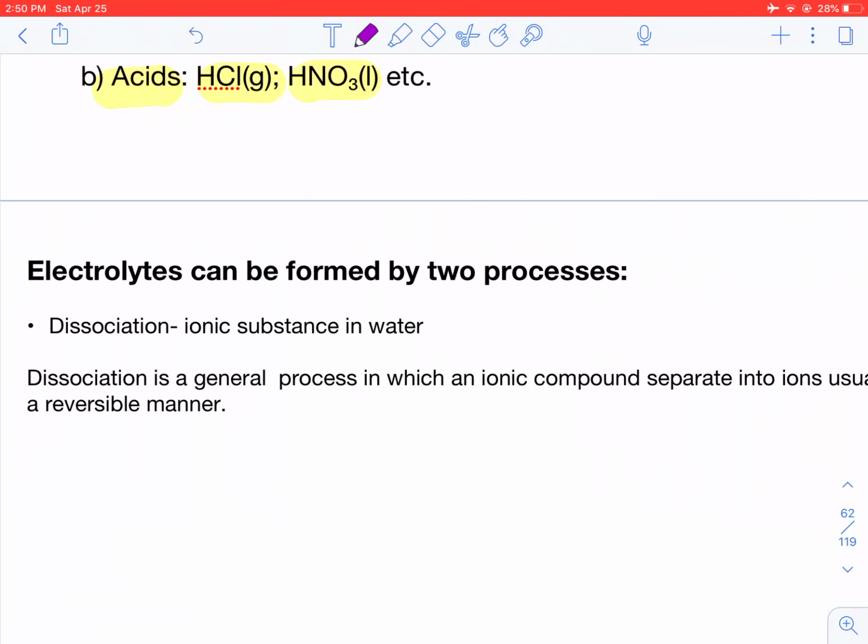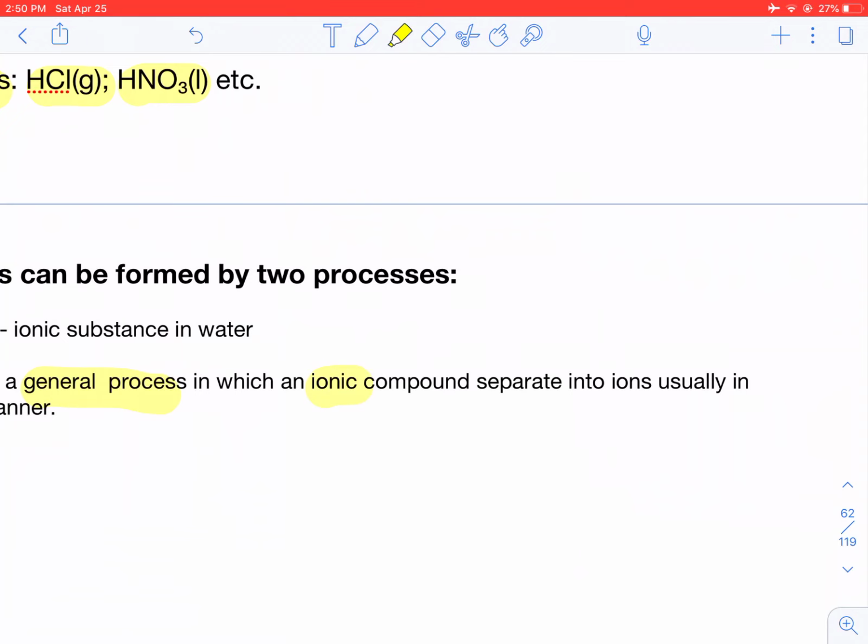So if we look at the ionic substance in water, dissociation is a general process in which the ionic compound separates into ions.